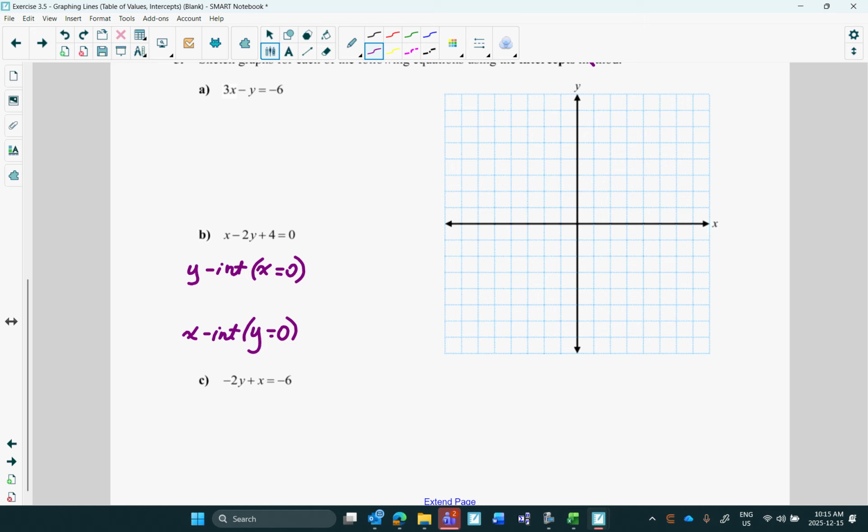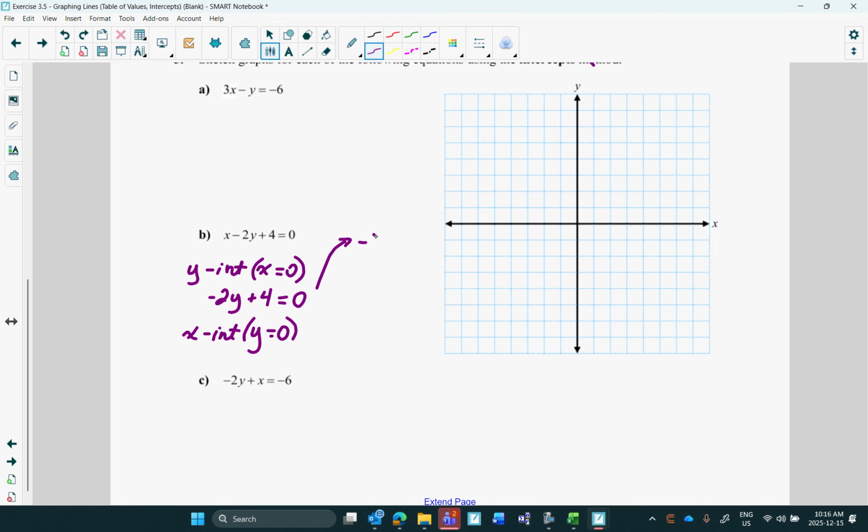What does the equation look like when I make x 0? -2y plus 4 equals 0, right? Because the x is nothing. So solve that. How do I solve -2y plus 4 equals 0?